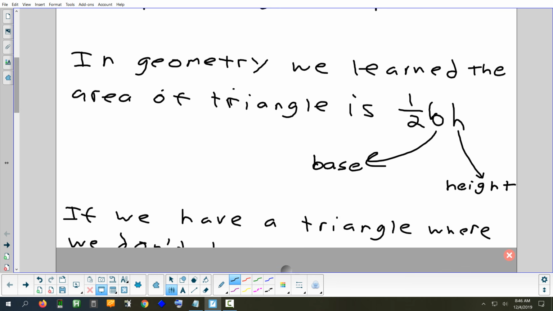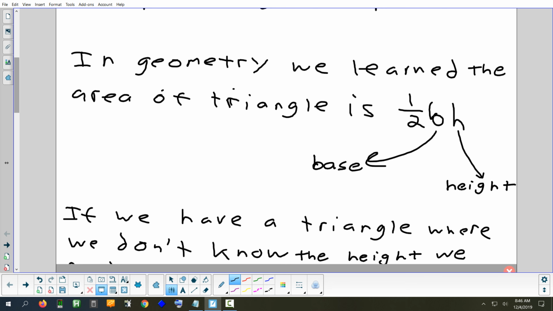The problem with that formula is if you have a triangle where you don't know the height. Let's say you had a triangle like this. This side is 8, this side is 5, and this side is 6. You don't know the height there.